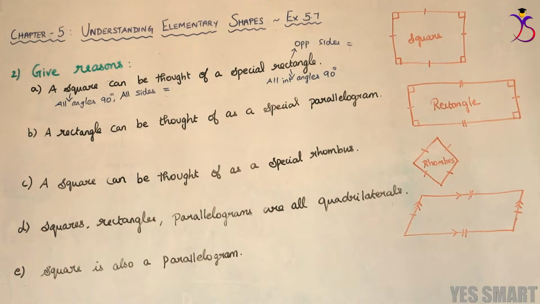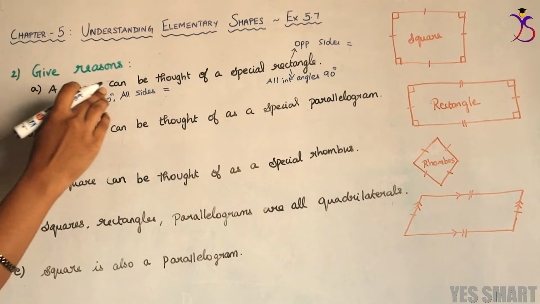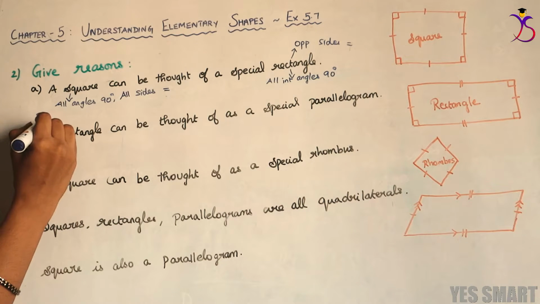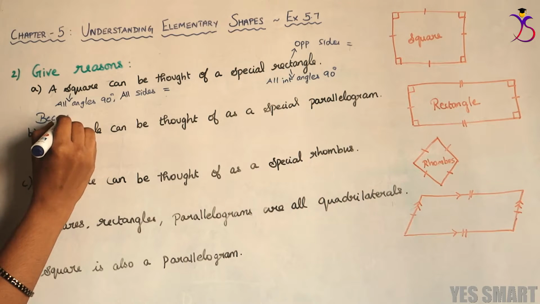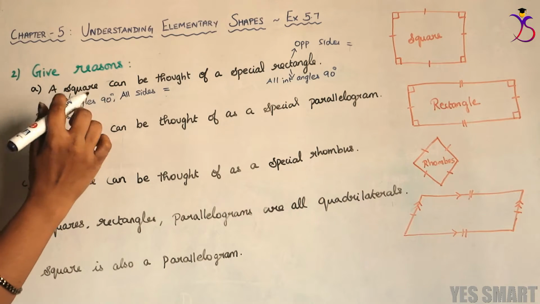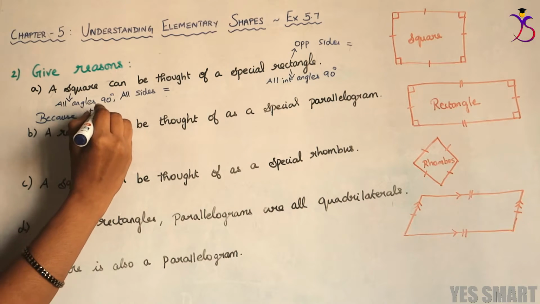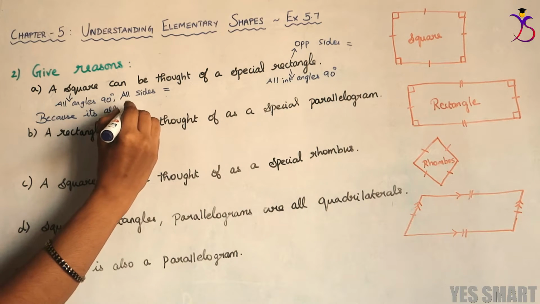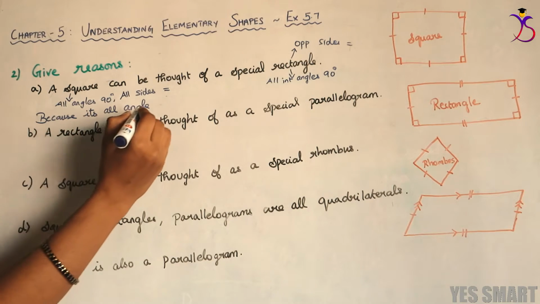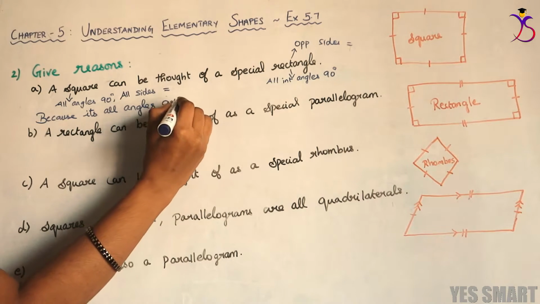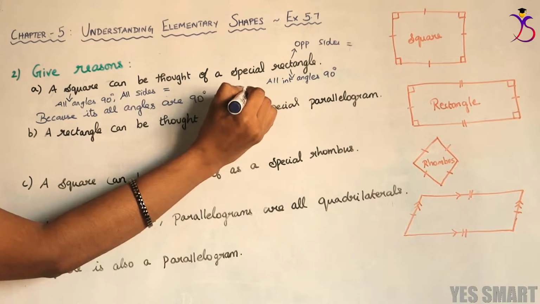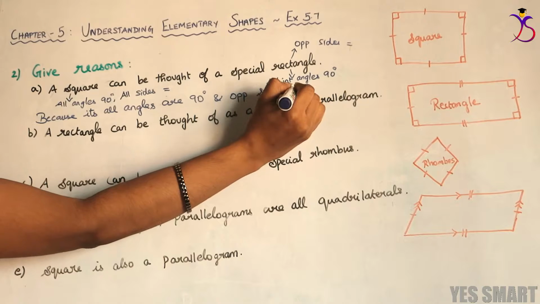Therefore, we can say that a square can be thought of as a special rectangle as it fits into the properties of the rectangle. So a square can be thought of as a special rectangle because all its angles are 90 degrees and the opposite sides are equal.